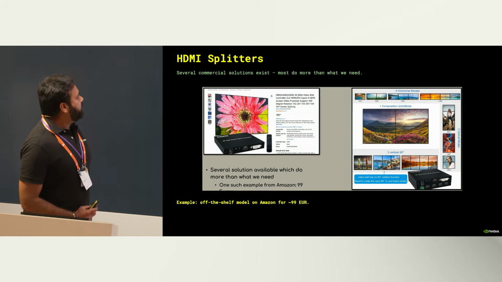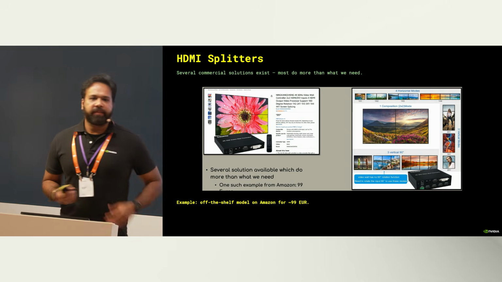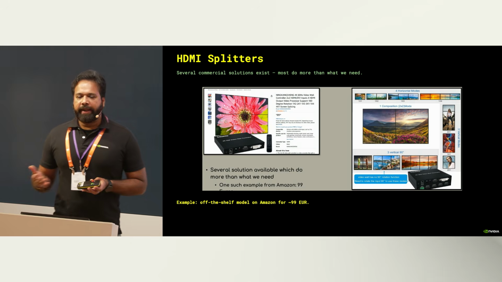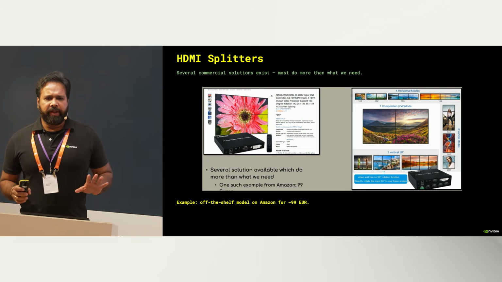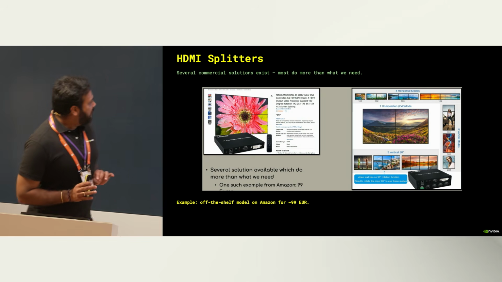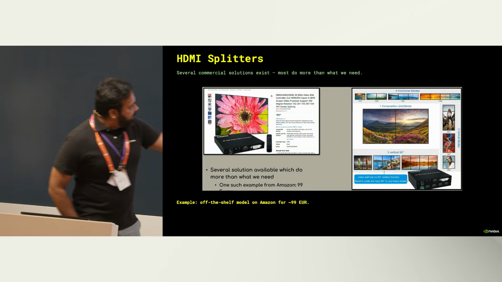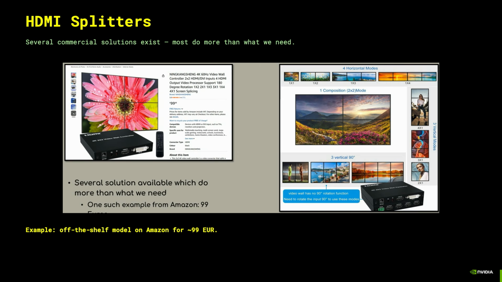Now the second important term: what is a splitter? Again, this is not a new thing. Most of you would have seen this as a video wall controller in TV showrooms, airports and different places. This is very cheap, very dumb hardware. It doesn't know anything. All you have to do is give one HDMI input here, and it comes with multiple HDMI outputs. You can pre-program it to split the incoming HDMI signal into multiple parts.